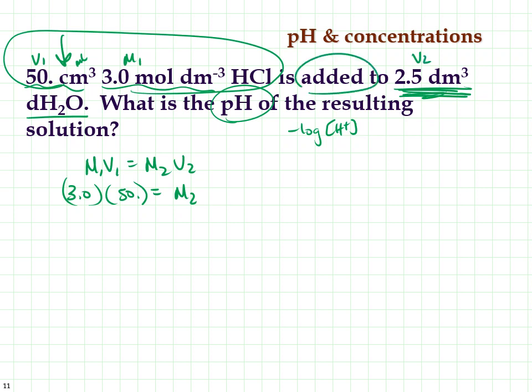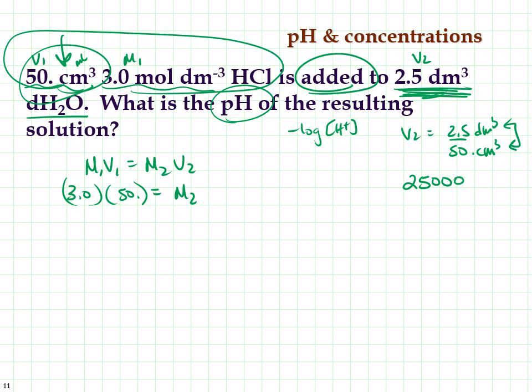Because I'm adding these together, my V2 is going to be the sum of 2.5 cubic decimeters and the volume that I started with, 50 cubic centimeters. These labels don't match, so let's make them match. I'm going to turn them into all cubic centimeters. 2.5 cubic decimeters, multiply that by 1,000.